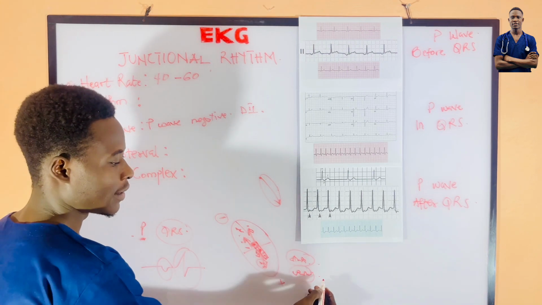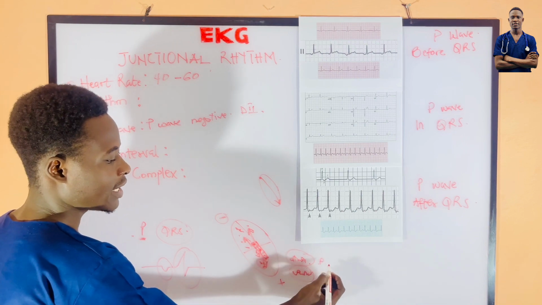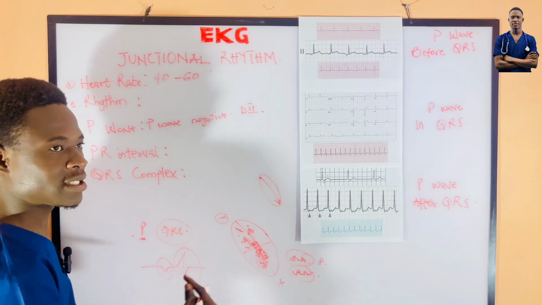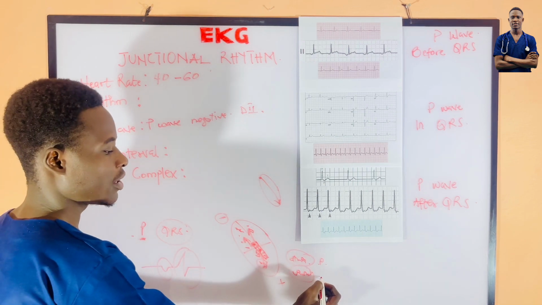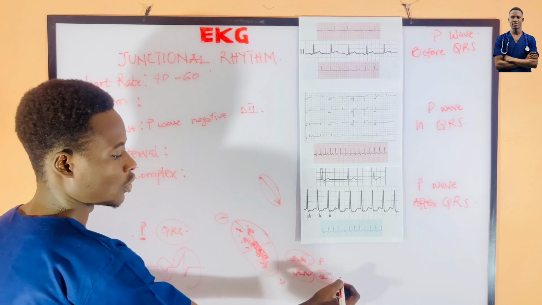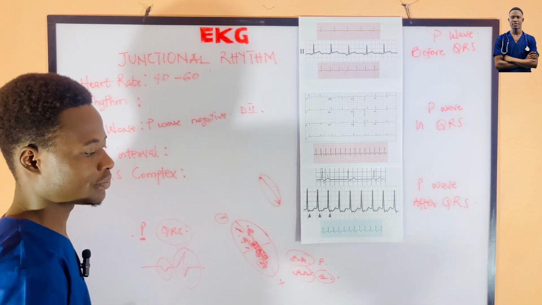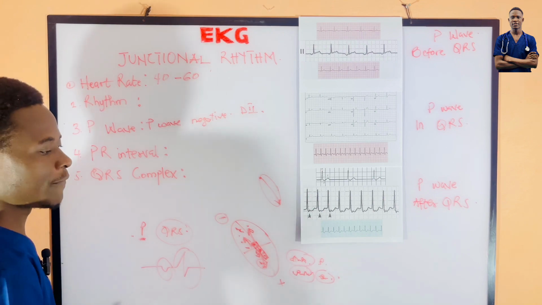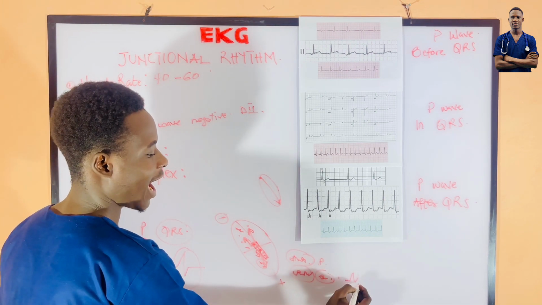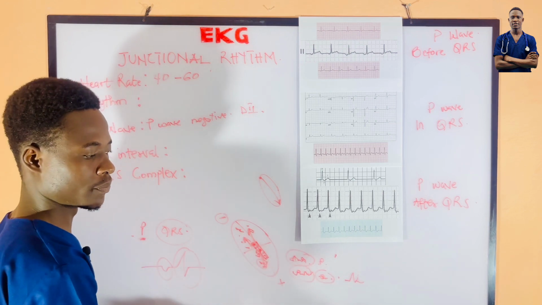So because of that, when the P depolarizes the atria, and also the QRS complex depolarizes the ventricle, the ventricular wave is very high compared to the P. Do you understand?